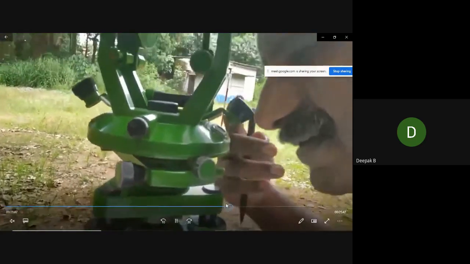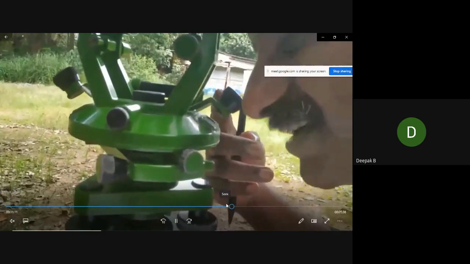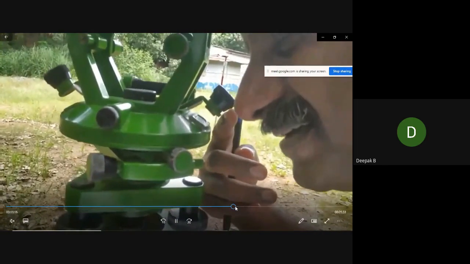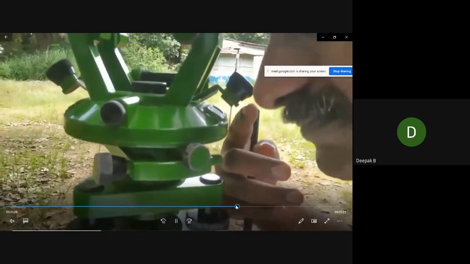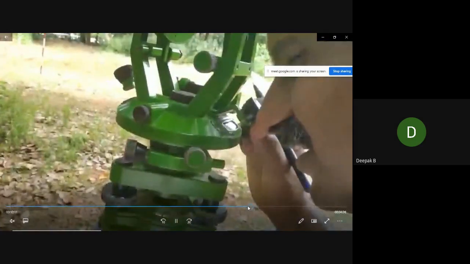And the reading is 103 degree, 38 minute, 20 seconds. He first looks through the A vernier and he'll then go and take the reading of the B vernier also. So we'll do the readings here.